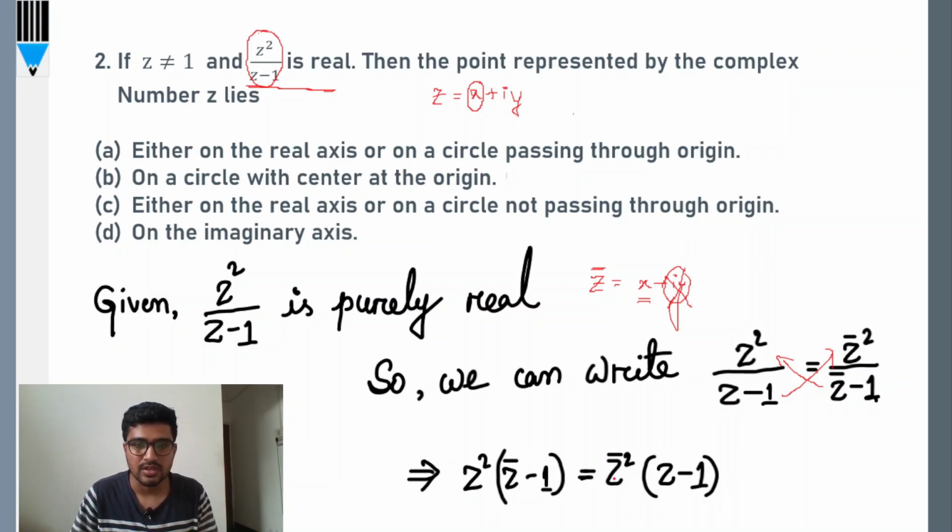After multiplying we get z square into z bar minus 1 equals z bar square into z minus 1.